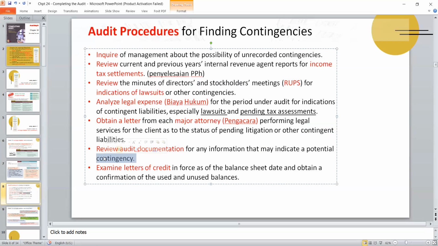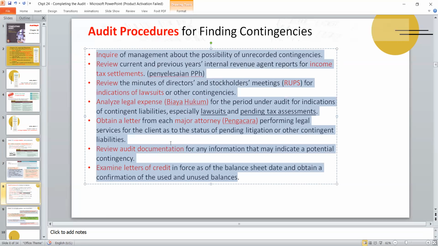And next is to examine the letter of credit. There are so many letter of credit contracts you can examine for when it is due, the amount, the conditions for completion, and so on. This is the audit procedure for finding whether any contingency exists in the company.